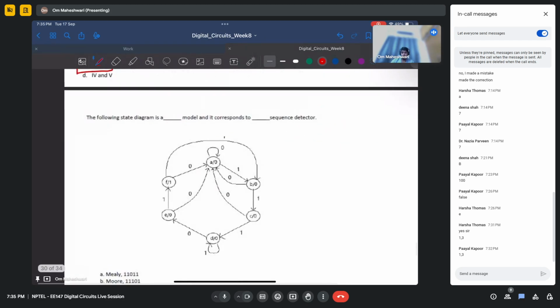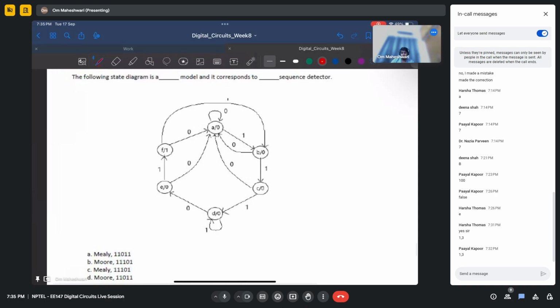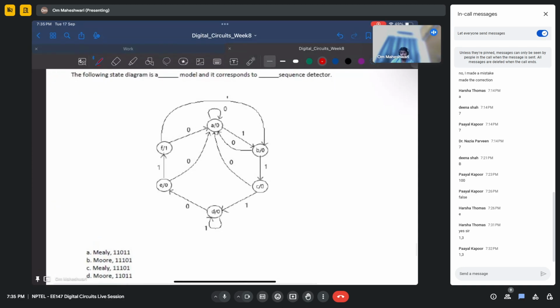Okay, next question. The following state diagram is a dash model and it corresponds to a dash sequence detector.